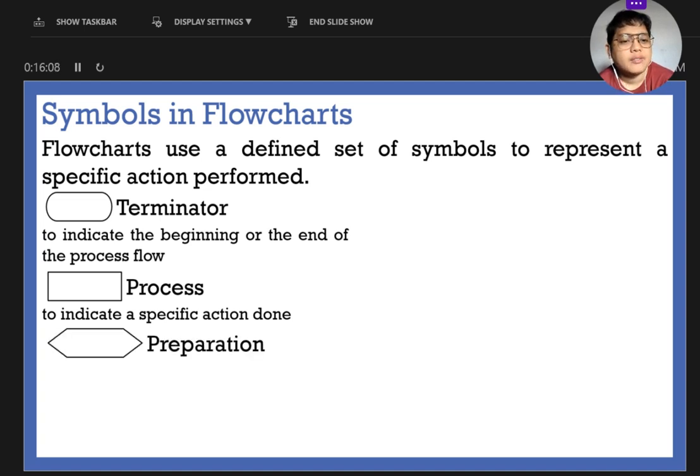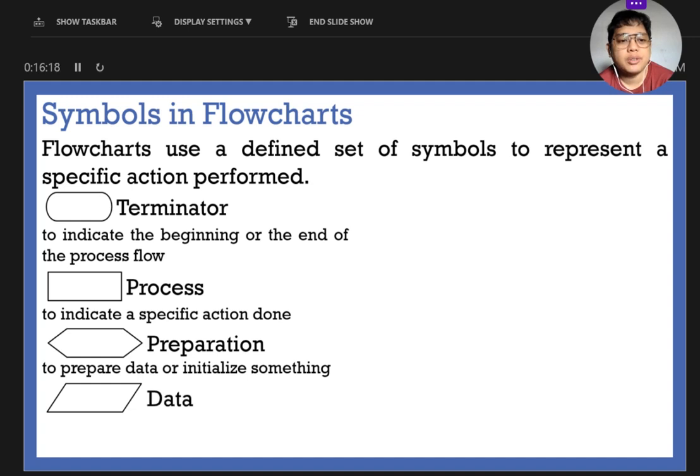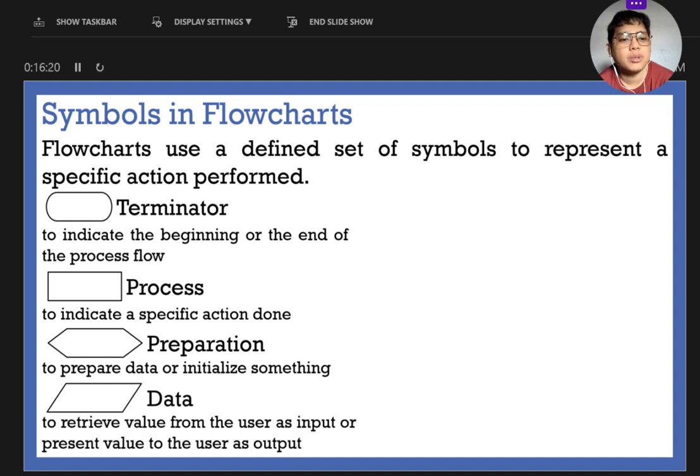Next we have the preparation symbol, which is to prepare data or initialize something. Next is the data symbol. It is used to retrieve a value from the user as input or present a value to the user as output. Next is the decision symbol.